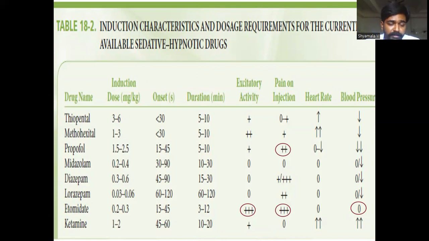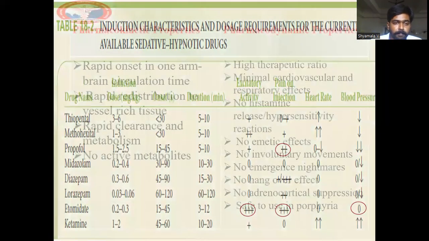Propofol 1 to 2 mg per kg, or you can say 1.5 to 2.5 mg per kg. Thiopentone 3 to 6 mg per kg. Ketamine we give 1 to 2 mg per kg, etomidate 0.2 to 0.3 mg per kg. Etomidate and propofol cause more pain while injecting the drug.